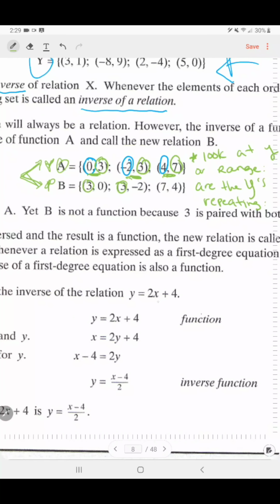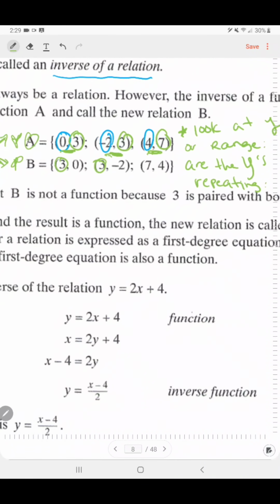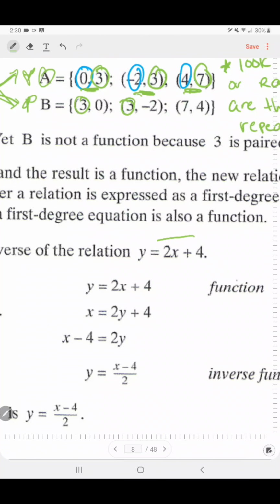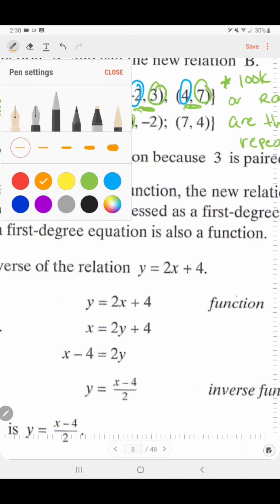And then with equation, what they want you to do, it explains it here. So this is your normal equation, right? Y is on the left side, equals X plus or minus a number. So this is your regular. The way you do inverse of this equation is you're going to flip X and Y the same way you do with your ordered pairs.